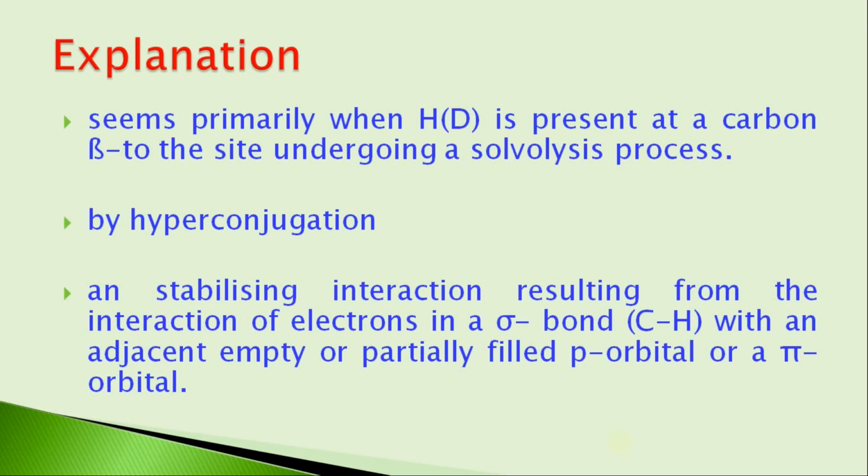So this stabilizing interaction is called as hyperconjugation, and it can be used to explain the observance of beta secondary KIE. In the forthcoming slide, we are going to use this concept to explain beta secondary KIE.